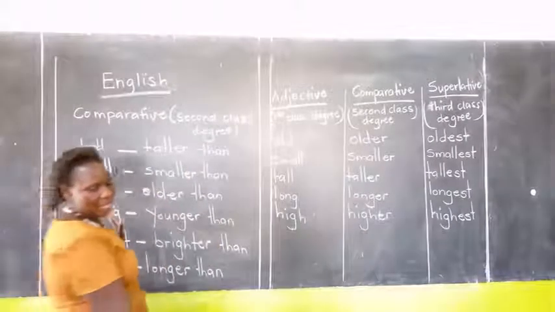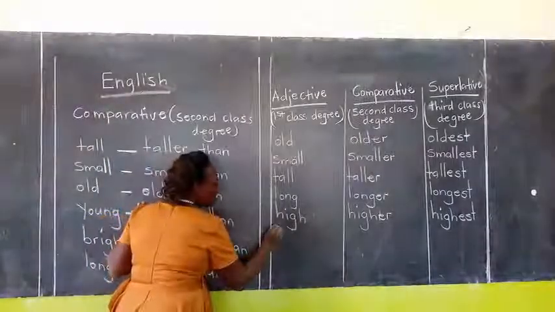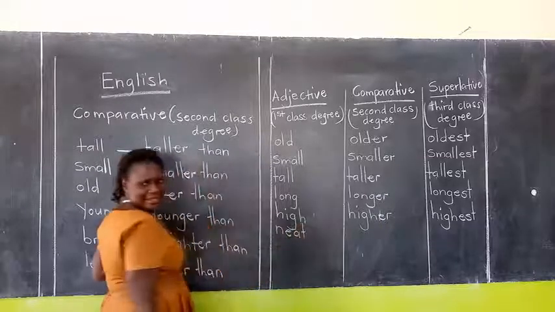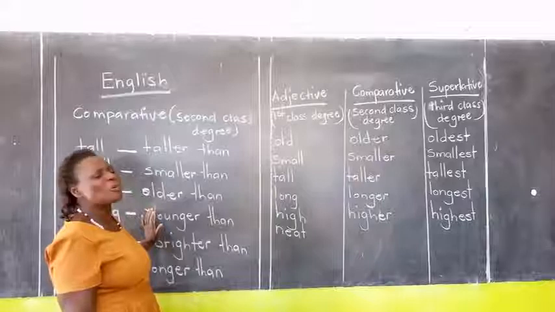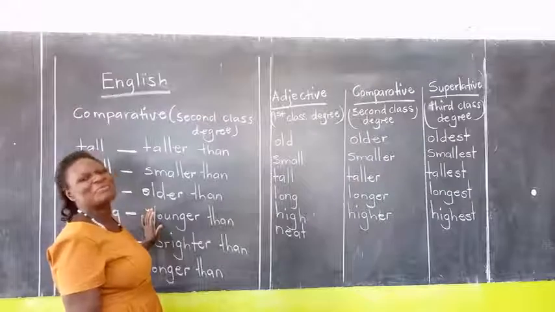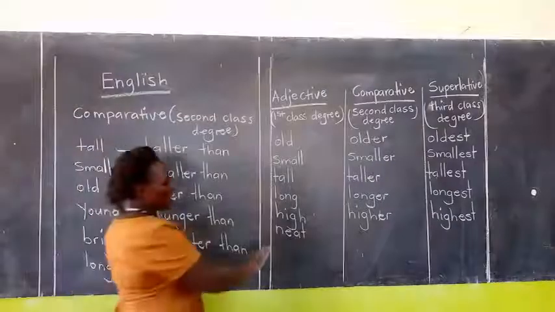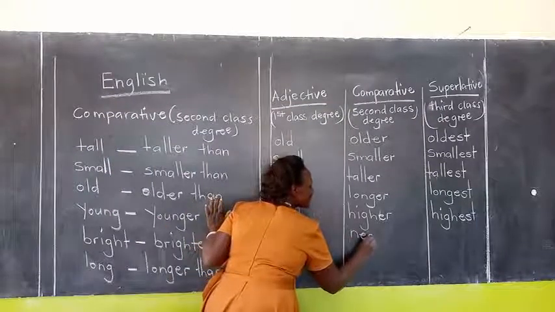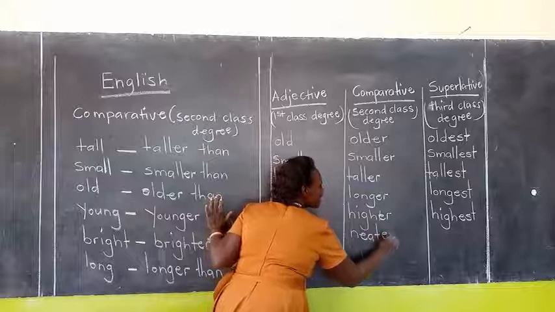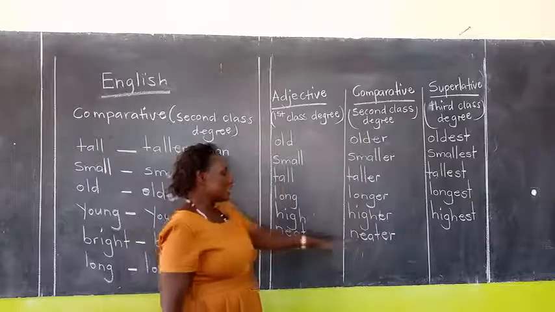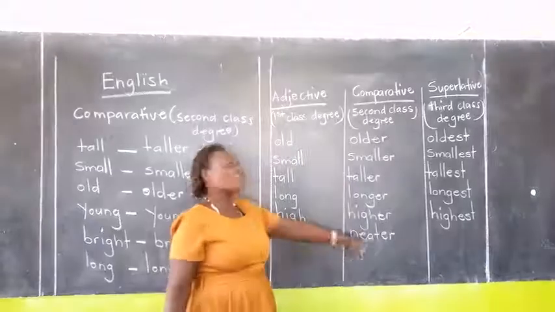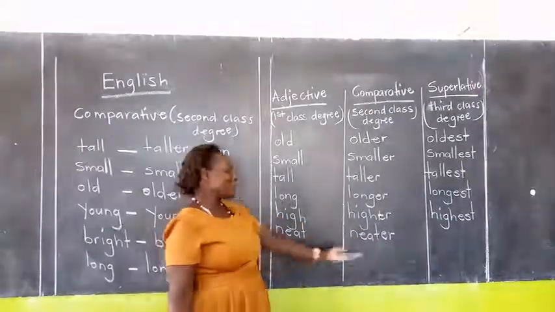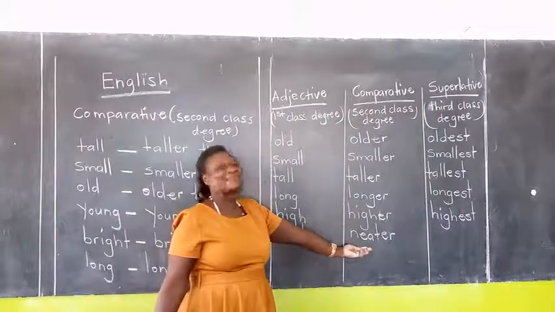Then we have neat. Her work is neat. Though this one's work is neat, when we look at another work, it is a little bit better than this. Then we have neat, neater. That means when you look at their work, though this one is neat, this one here is beyond.